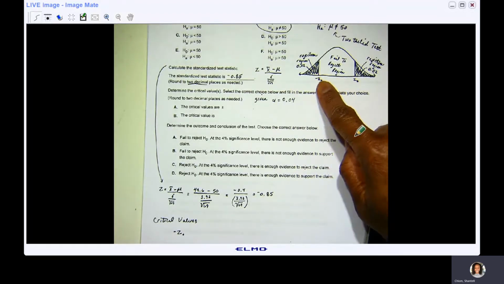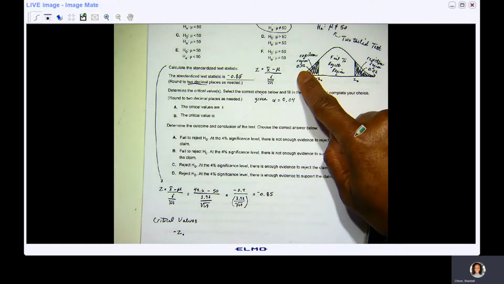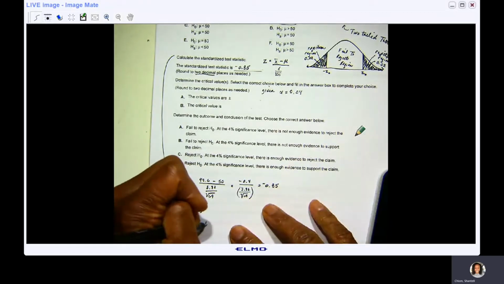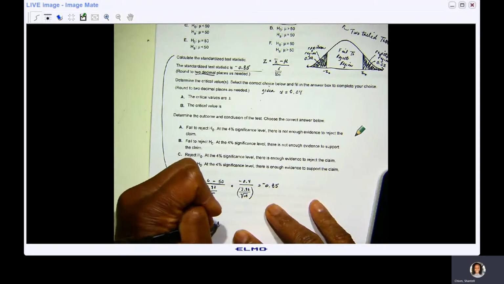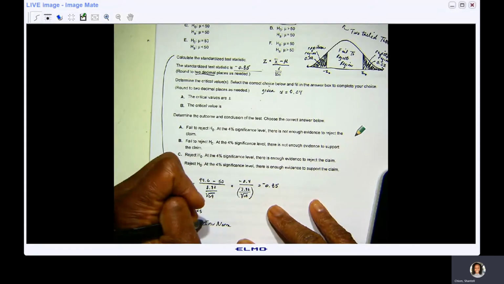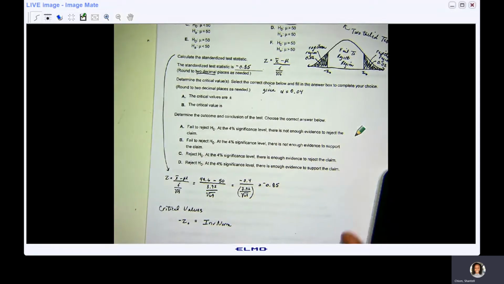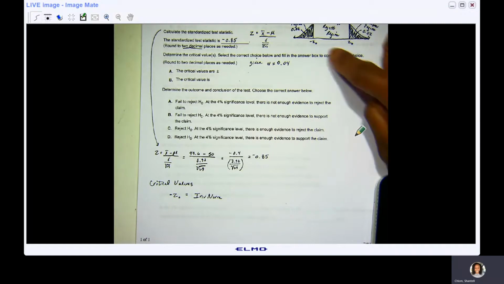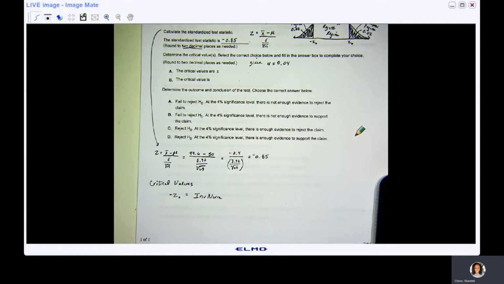I want to find the z-score that corresponds to that given area, that corresponds to that 0.02. So what I'm going to do is use inverse norm, which is what we used back in module 4, if you recall. When you're given the area or percent or probability, and you want to find the score, whether it be a z value or x value, use inverse norm.